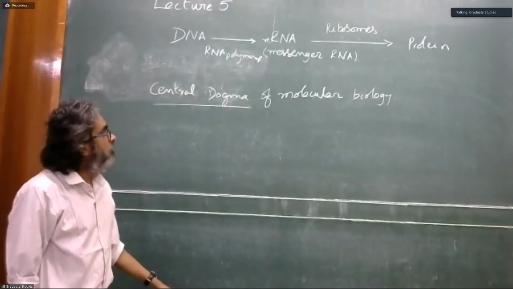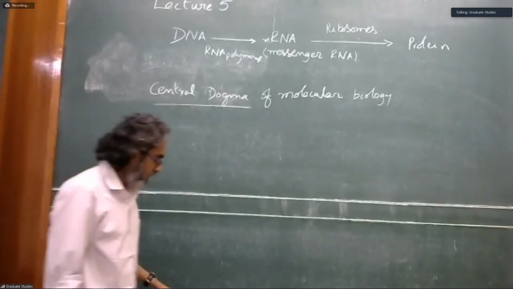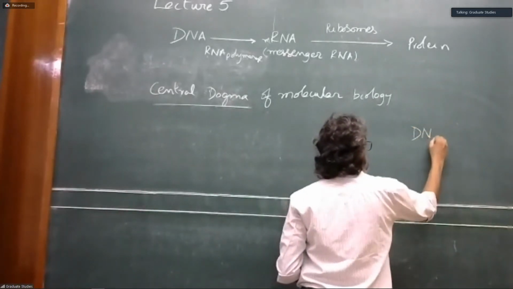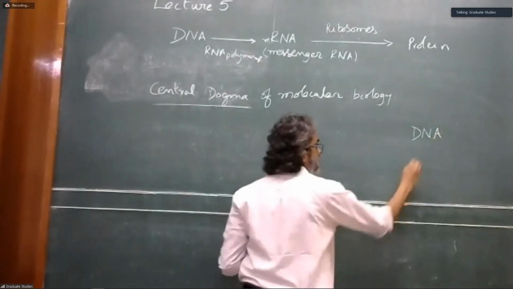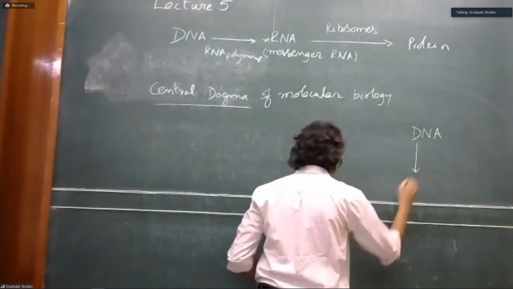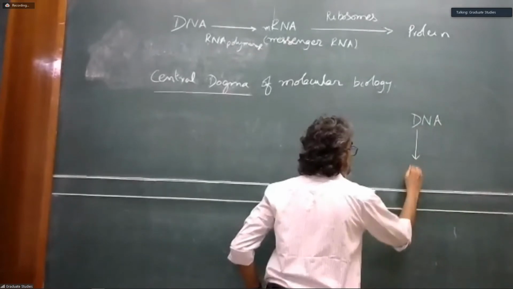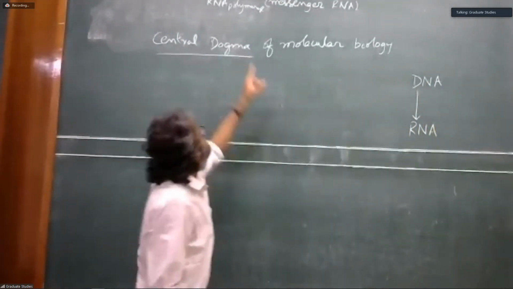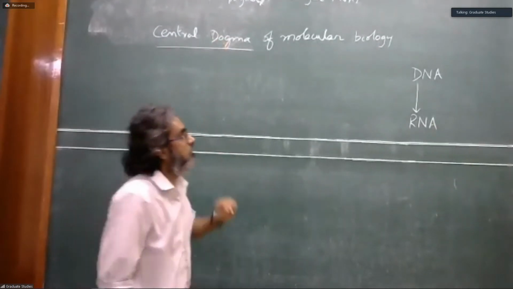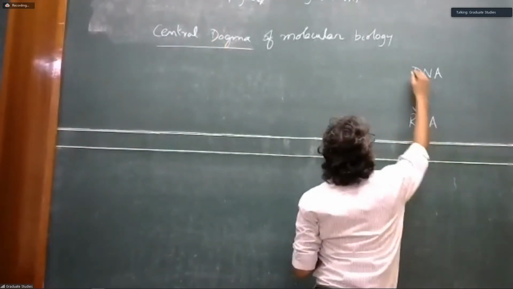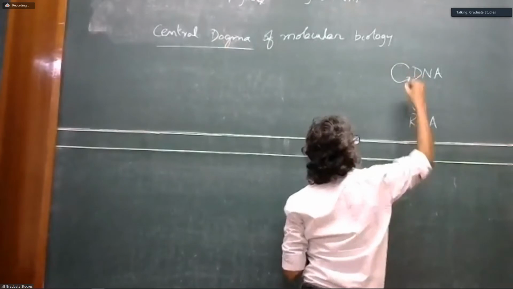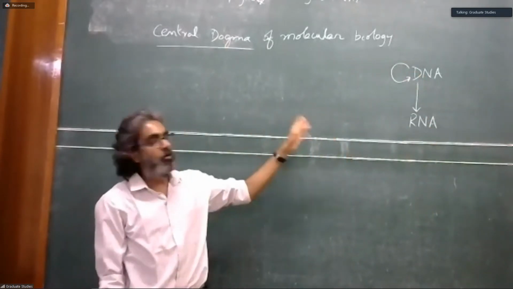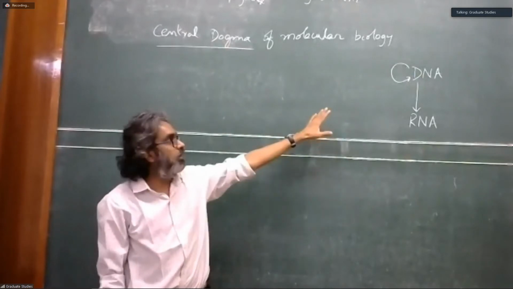If you have to represent all this information in a simple diagram, you write DNA, which is basically the blueprint. DNA can transfer information into RNA, using RNA polymerase. DNA itself can also be copied into another DNA molecule: you make one copy from a template DNA.